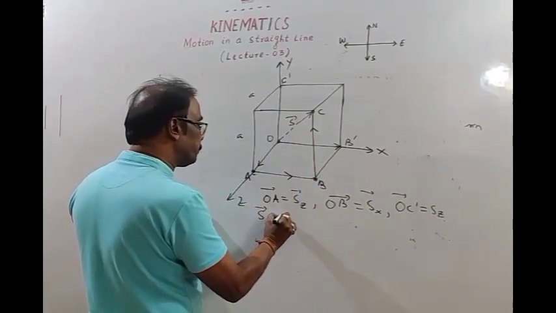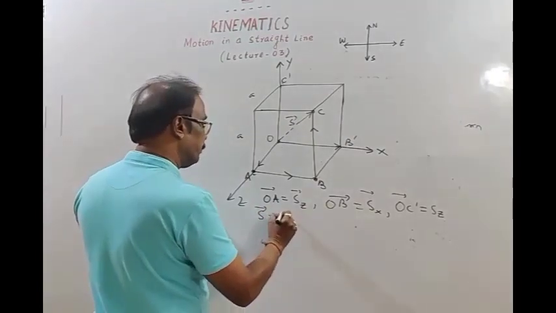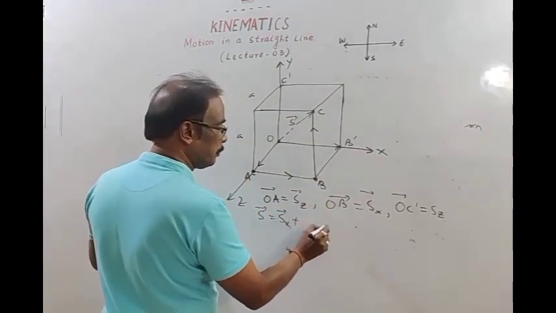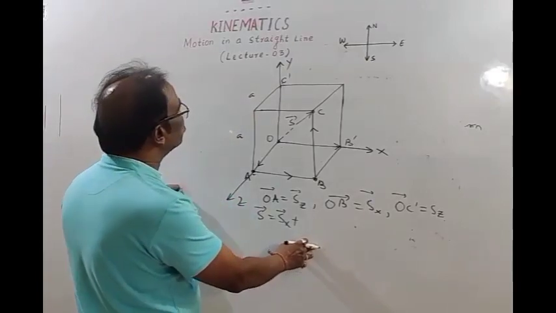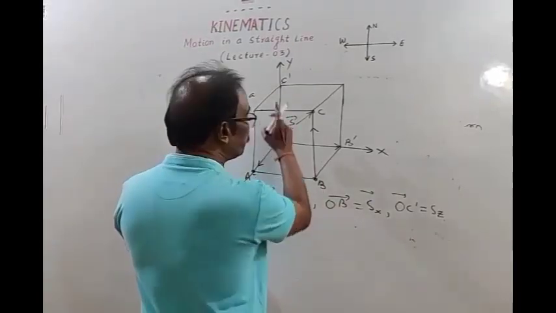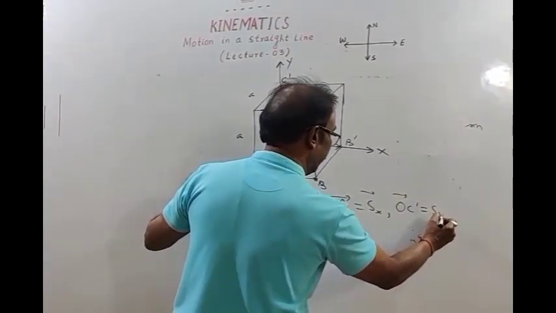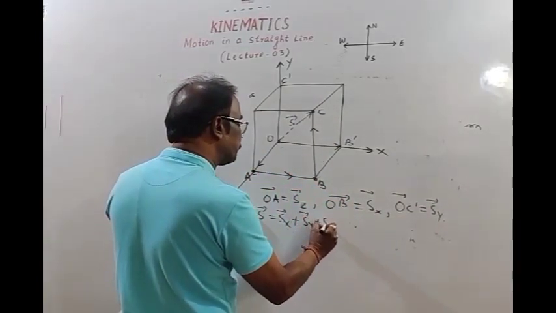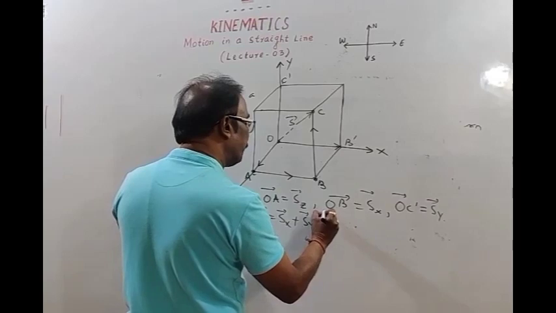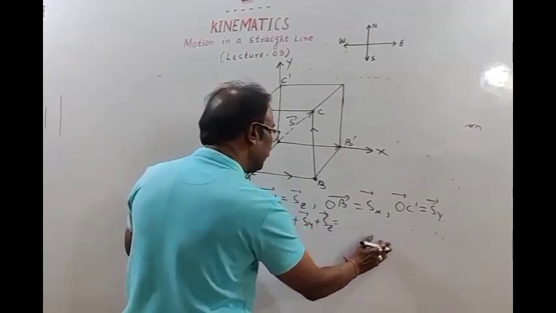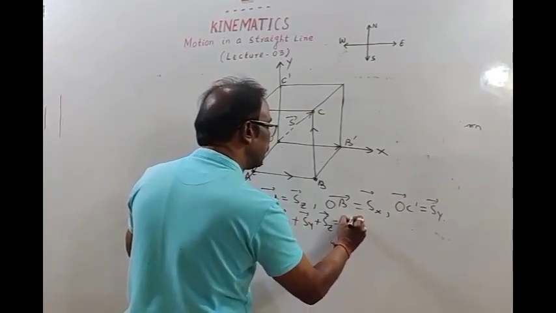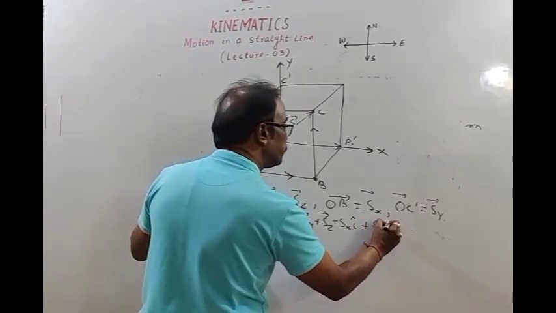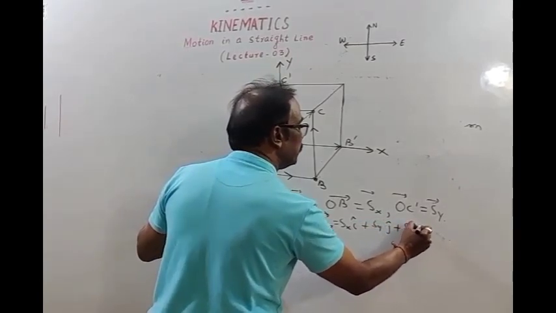The resulting displacement is the Sx vector plus the y-axis component OC dash, this is Sy. So Sx vector plus Sy vector plus Sz vector, and in regular form of vector addition, this is Sx i cap plus Sy j cap plus Sz k cap.